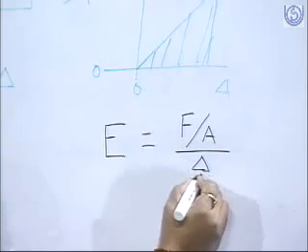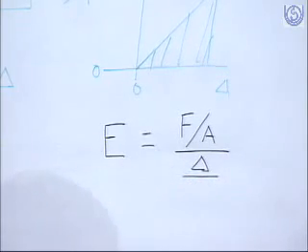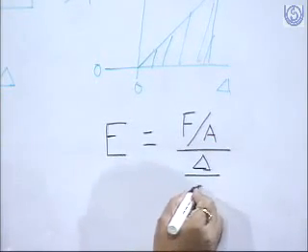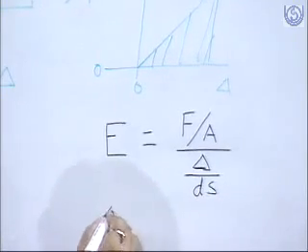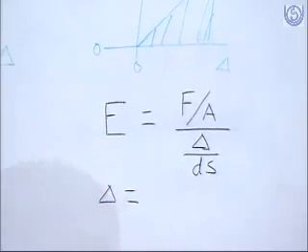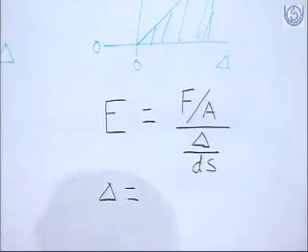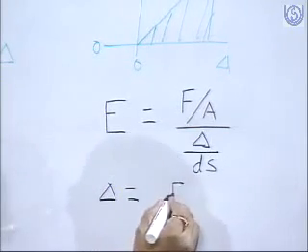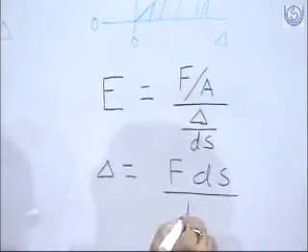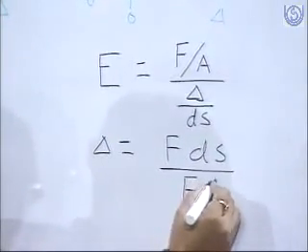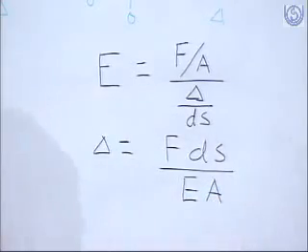Strain is delta divided by the length of the member, in this case ds. So if you calculate delta from here, delta will be equal to Fds by EA.